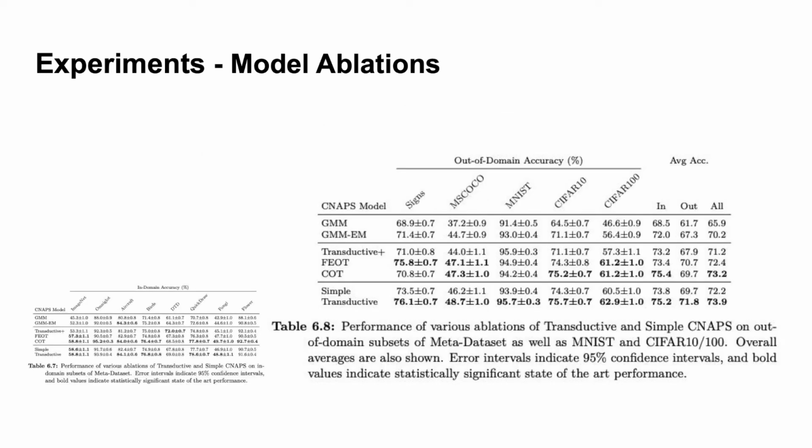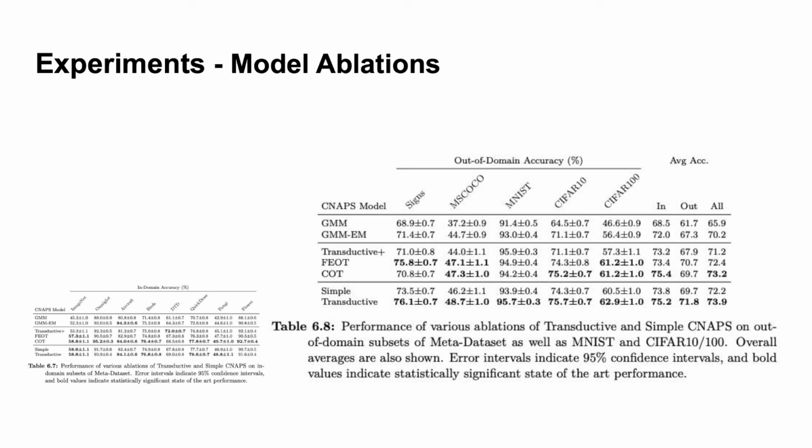Now, we additionally evaluate these models to understand different aspects of them. If you remember earlier in our discussion about the theoretical motivation of this work, we looked at how our work is very similar to that of Gaussian mixture modeling, but not quite. Specifically, there is not the log determinant of the covariance normalization factor. So in the first two top rows, we consider two ablated variations of simple and transductive CNAPS that enforce that exact equation for classification.